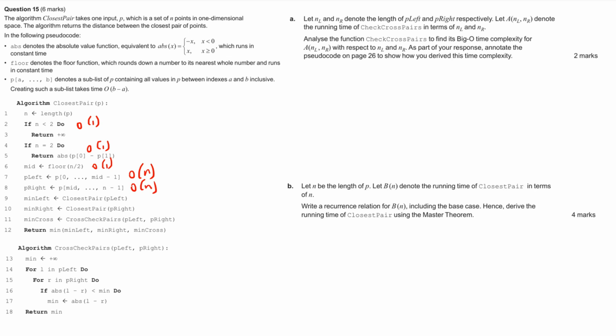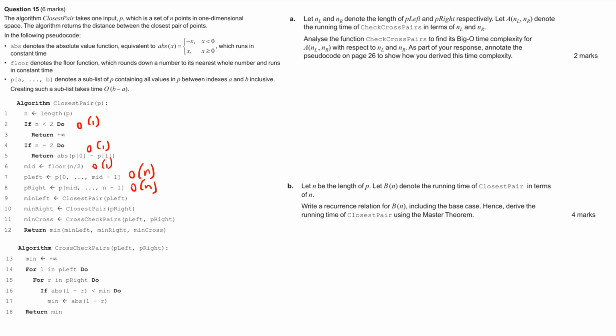And this one here is also going to be linear because we have to go through every single item when we assign it. We can't just say, oh, you're having the left-hand half of that array. Okay. Then 9 and 10 are calling the closest pair algorithm again.